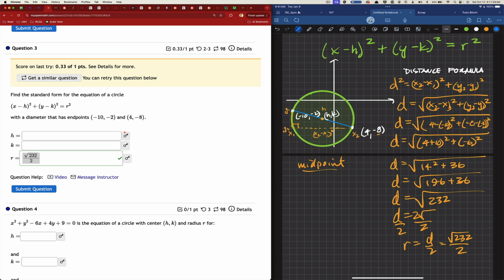If I have this segment here, the average of those 2 x values will be this point in the middle, which is the same x coordinate for the center point. If I do the same thing for the vertical, find the average of the 2 y values, I'll find the y coordinate for the midpoint or the center point.